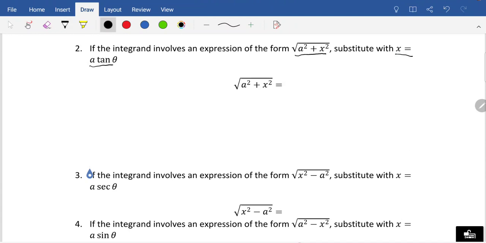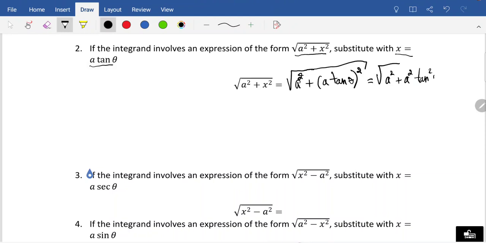Right, so let's see how that works out. If we use that substitution, we have the square root of a squared plus a tan theta all squared, again under the square root sign, which gives us the square root of a squared plus a squared tan squared theta.